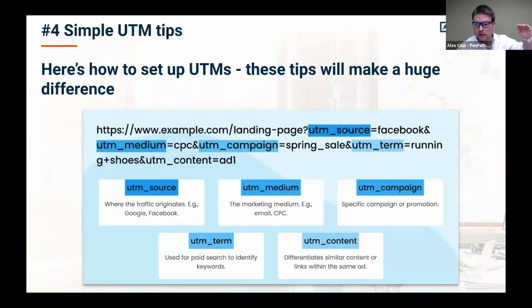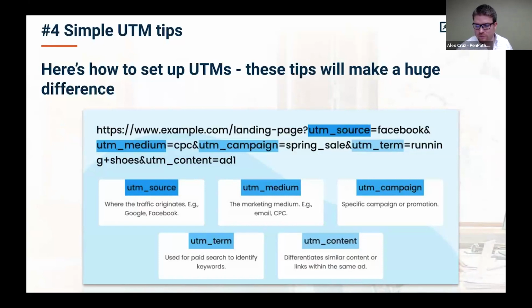It's okay to put prospecting at the campaign level and at the ad level. It wouldn't hurt you, because you can then filter down the road for ads that were for prospecting and how they all performed. Source and medium, you want to keep pretty standard.